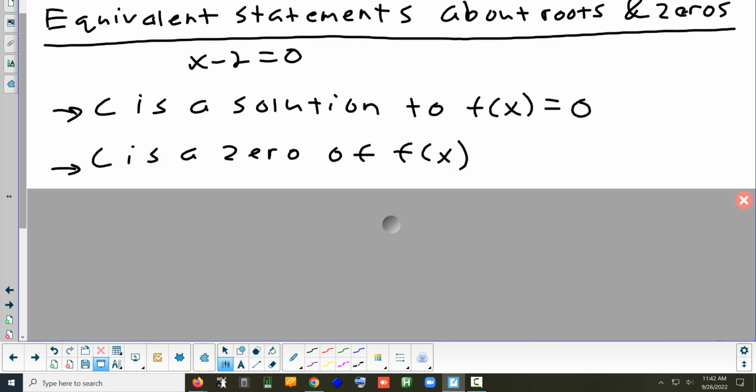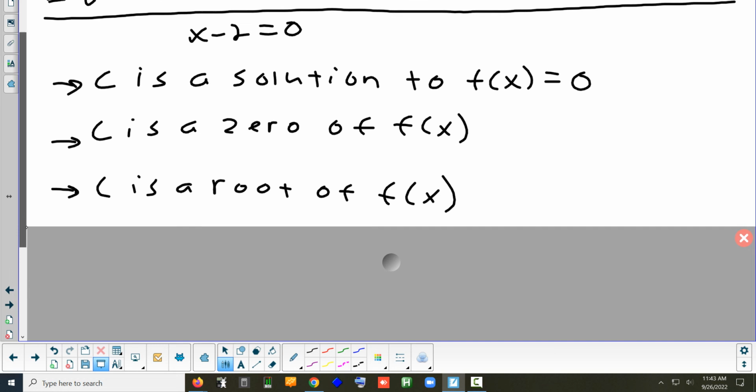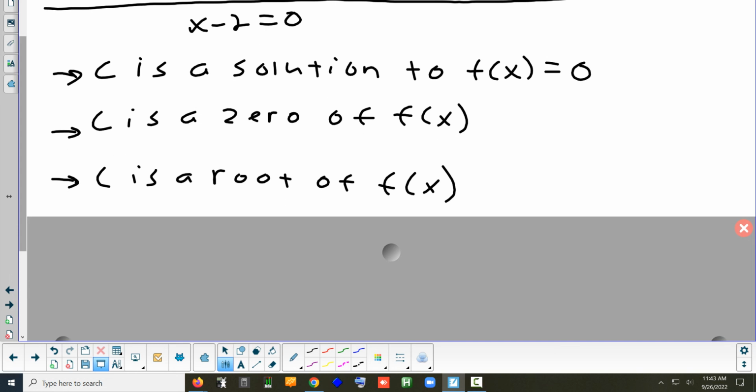It also means that 2 is a 0 of that equation. It's a number I could plug in for x and get 0 for y. It also means that 2 is a root of the equation. 0 and root are synonyms. They mean the same thing.